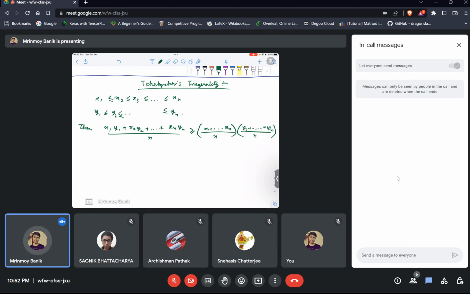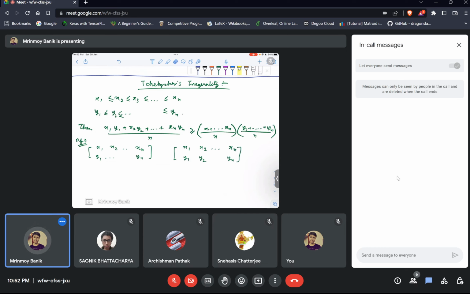So the proof is using rearrangement inequality n times. So on the left we have x1, x2 up till xn, and y1, y2 up till yn. This is the largest arrangement or permutation. Anything else, like we can take x1, x2 up till xn, and for the first one we take the same thing, yn.